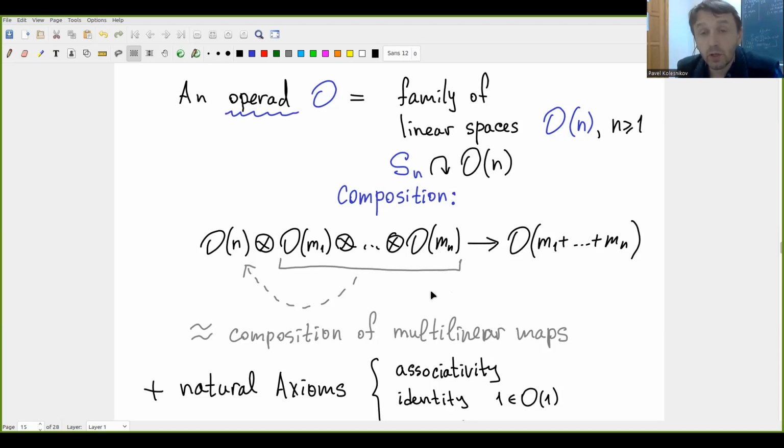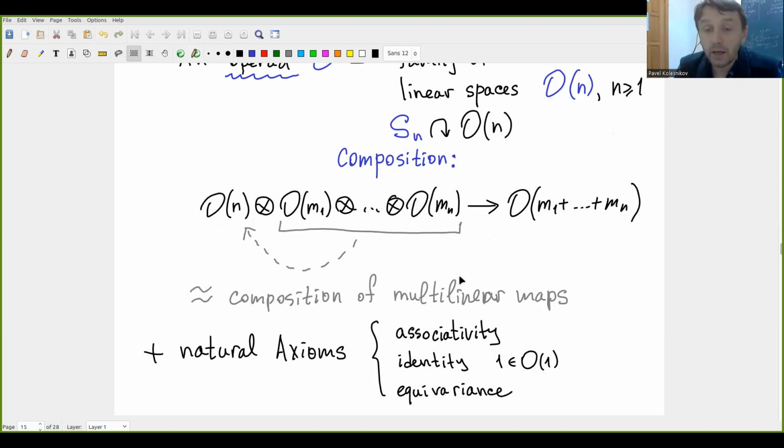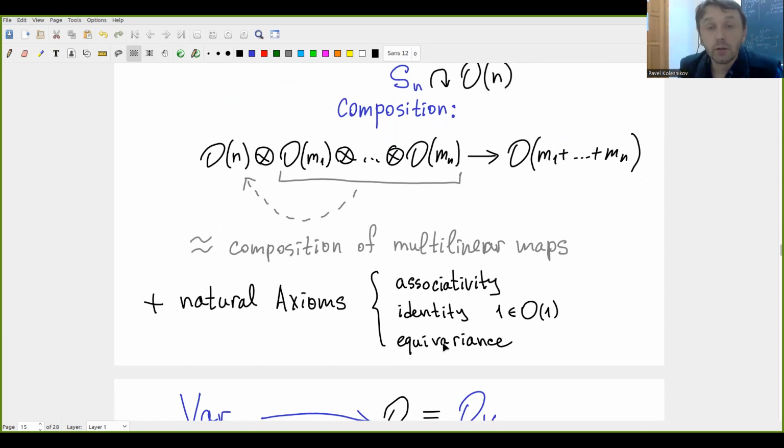In order to formalize this notion, one has to add axioms. Actually, there are 3 axioms, including associativity of composition. There should exist an identity element, which is identity with respect to composition. And one has to claim equivariance of the composition relative to the action of the symmetric group.